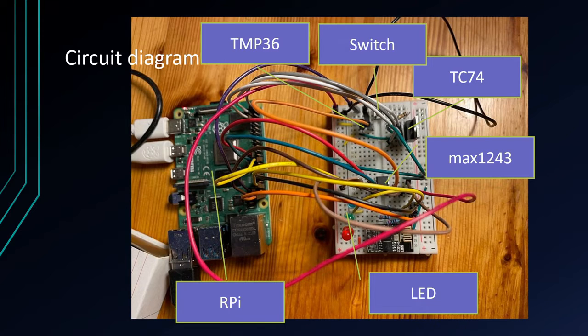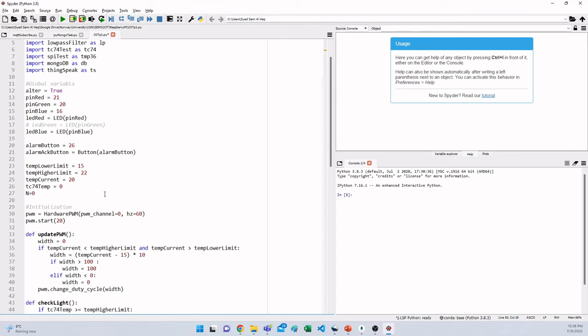This is a circuit diagram. A switch is also being used to acknowledge the alarm when it goes out of maximum range. This code has been used to read data from the sensor and pass it to the cloud.